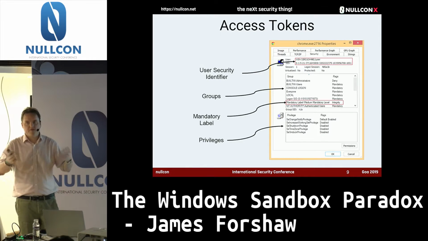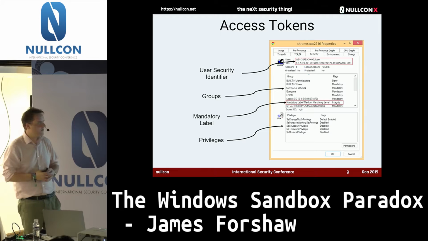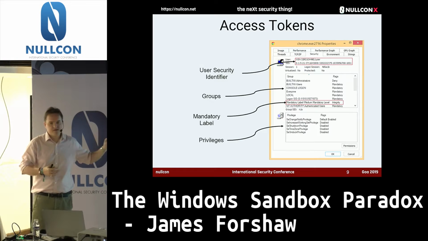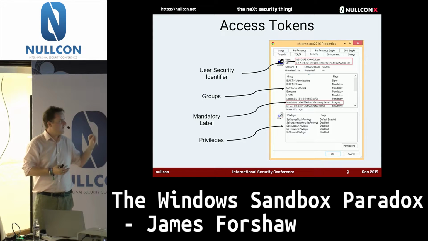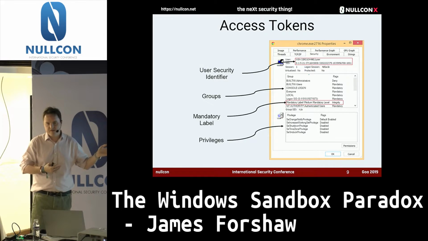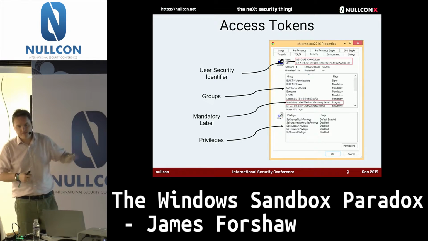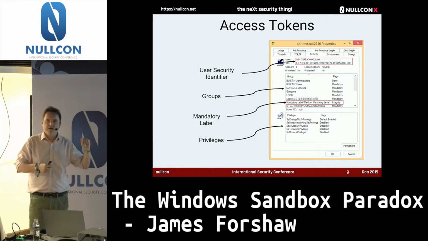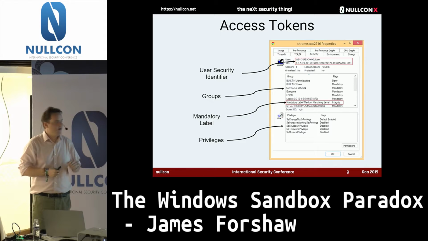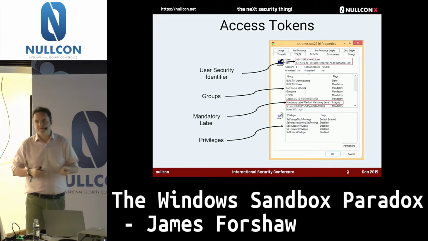And so all groups are actually these binary blobs really under the hood. So you have your user identity, you have your list of groups which you are associated with, you have a mandatory label or integrity level, which is sort of the counterpart to the security descriptor, and you have your privileges. And privileges are sort of a shortcutting mechanism. They're almost like single bit flags. Do I have this privilege or not?